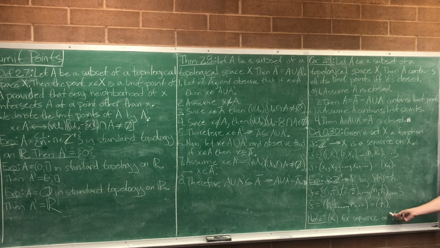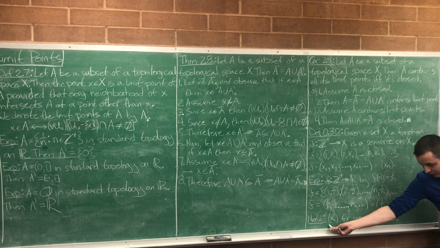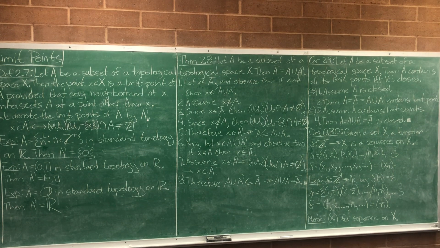When I say consider the sequence 1 over n, that means 1 over 1, 1 over 2, 1 over 3, 1 over 4, etc. Feel like you're comfortable with sequence notation? So when I use it in proof, I'm always going to just do it like this. xn for a sequence on x. That's what a sequence is.